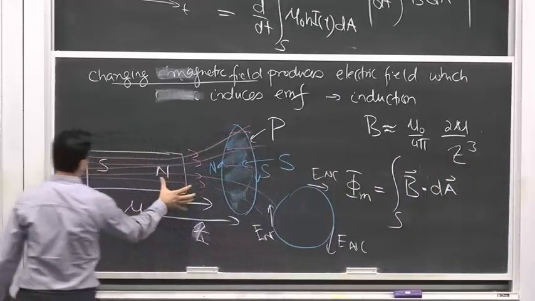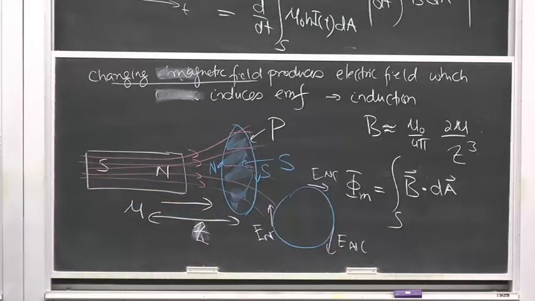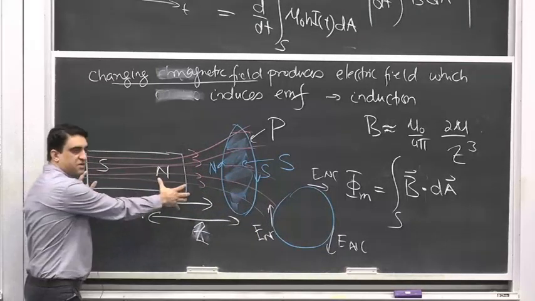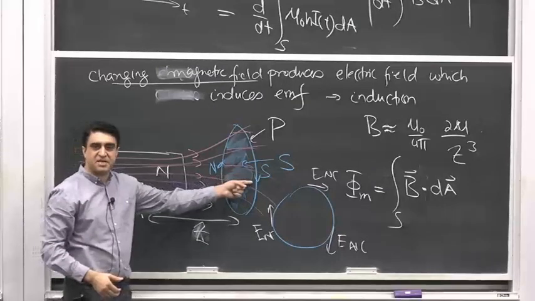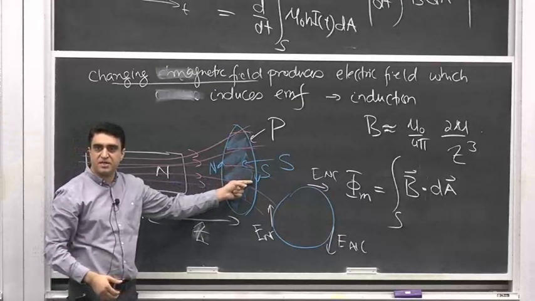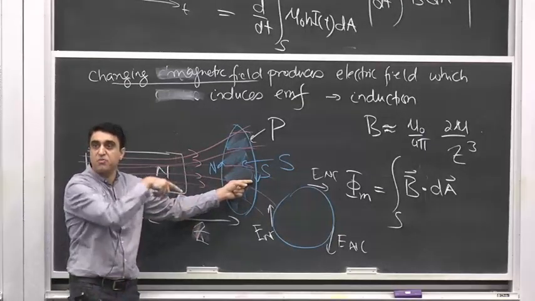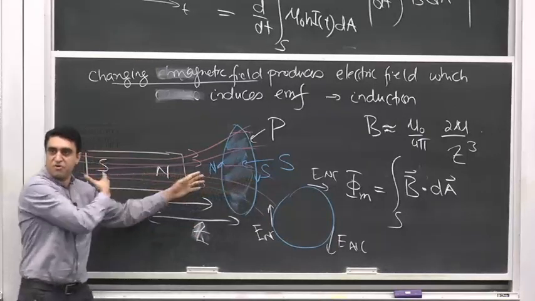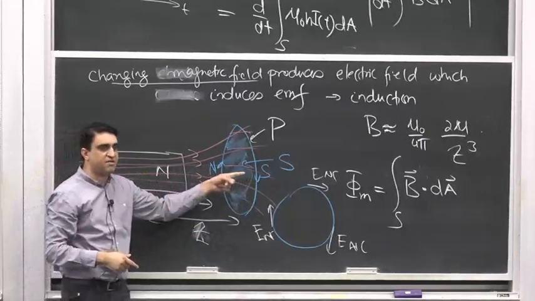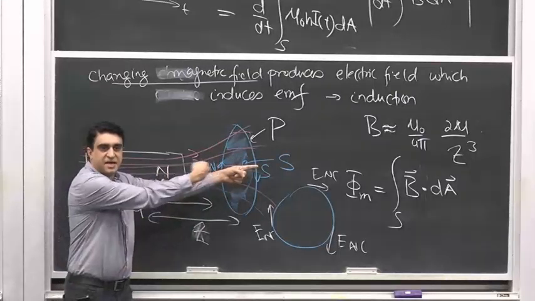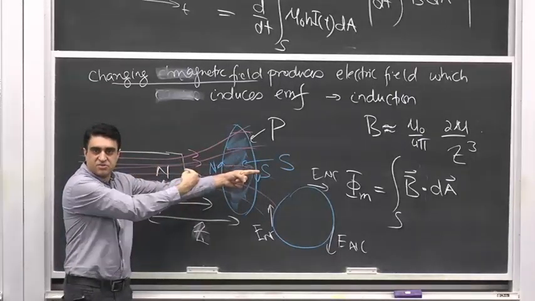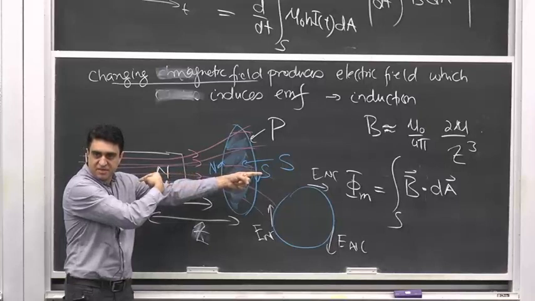What if I try to move this magnet away from it? The direction of the magnetic field won't change, but its magnitude through this loop would decrease because I'm moving away from this. So B has this direction, but what is the direction of dB by dt? It's this direction because you are decreasing the magnetic field in that direction.